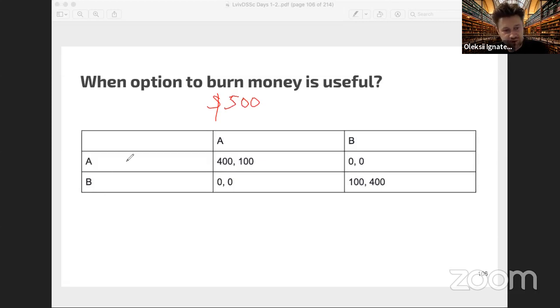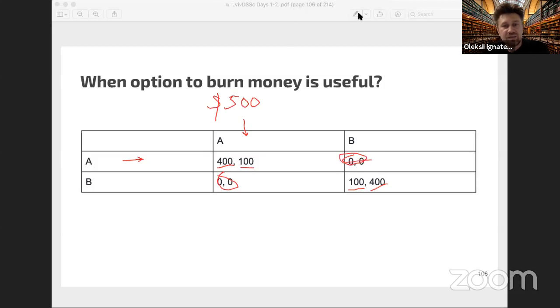If they both choose A, then the division is that the first player gets 400 and the second player gets 100. And if they both choose B, then the first player gets 100 and the second player gets 400. And if they miscoordinate, then they get nothing.